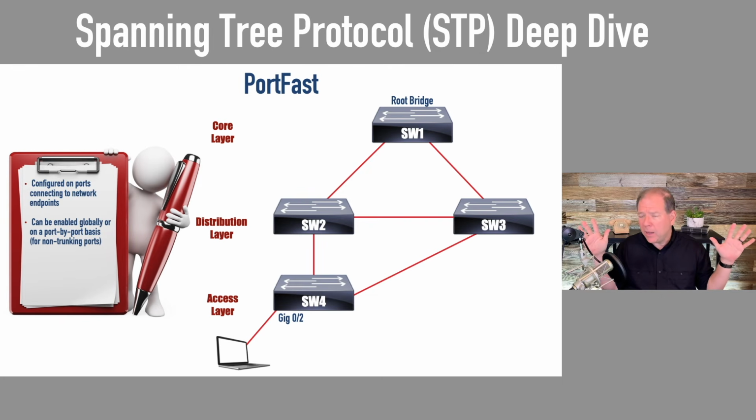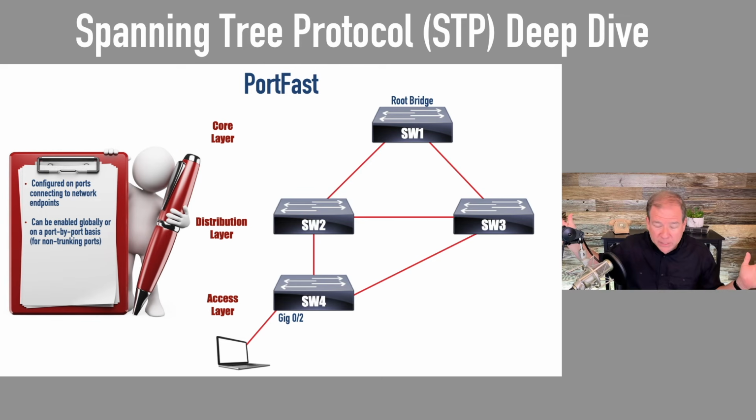You might think, how could we enable it globally? How do we have the knowledge of which port is going to be forwarding, or which port is going to be connected to an end station versus which port is connected to a switch? Well, there's a design assumption that we're making here. That design assumption is that if I have a link between two switches, it's a trunk.